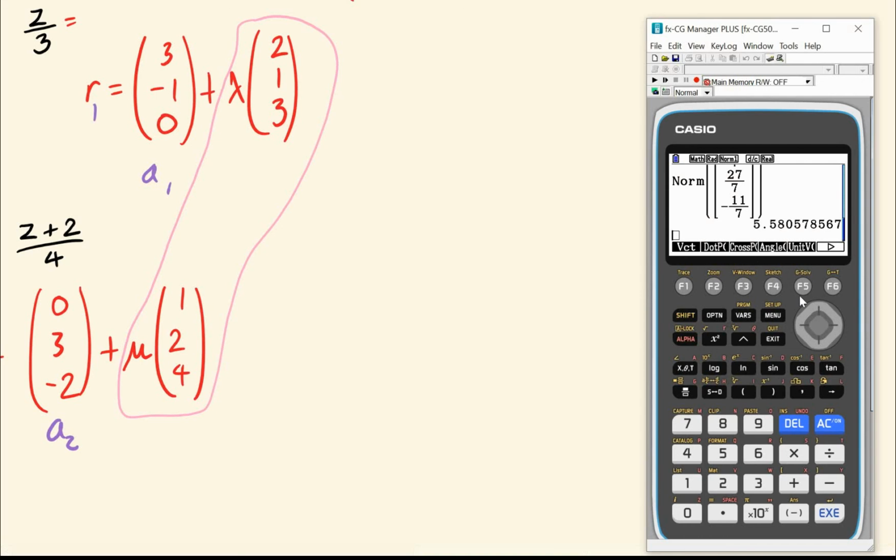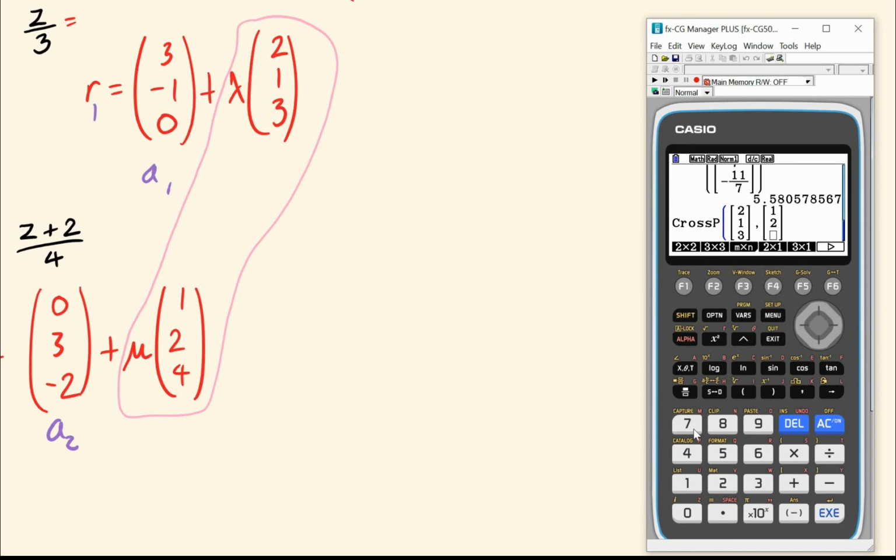So let's go to my calculator. I want a cross product, so I go to math, vector, and I want two 3x1s. I have 2, 1, 3, comma, another 3x1 vector, which is 1, 2, 4.